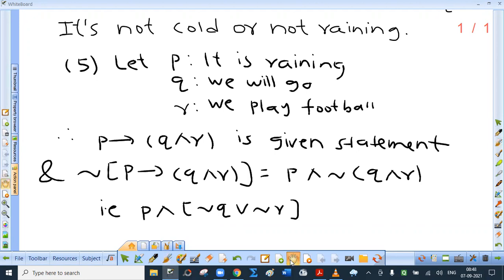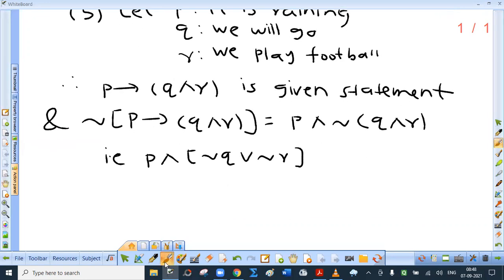So you have to put this in words. That is, it is raining and we will not go or not play football.